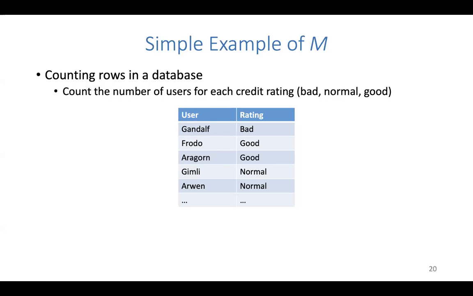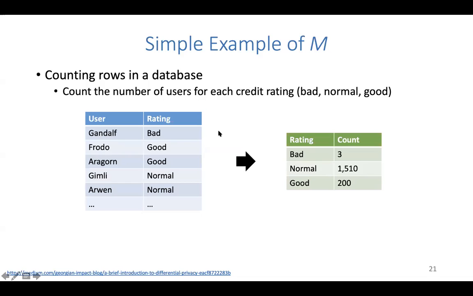And we're counting the number of users for each credit rating type. Hypothetically, you arrive at this result: there are 3 people who have bad credit ratings, 1,510 users who have normal credit rating, and 200 people who have a good credit rating. So this is the setup.